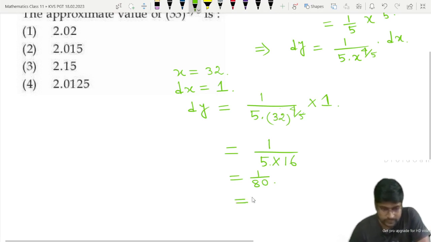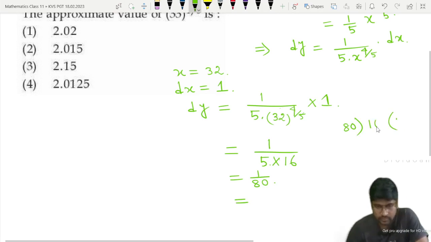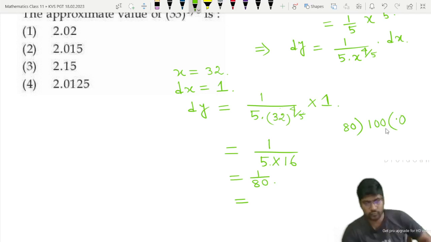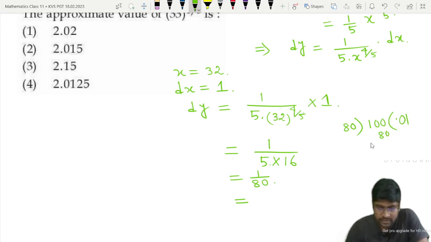Okay, let us do the division of 1 by 80. 0.0, then again one more 0. Here we have to put 1 0. So 80 goes 2 0, 160, then 4 0.